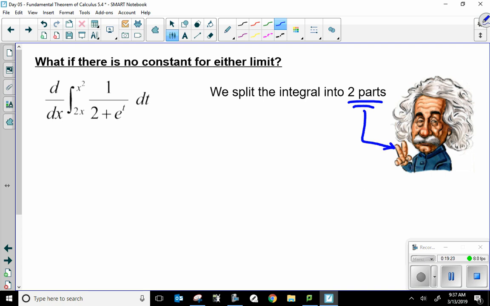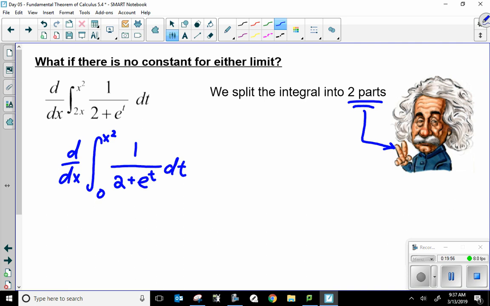Anyways, back to math. What if there are no constants? We split the integral into 2 parts. Meaning, I take my upper bound to 0 and my lower bound to 0. Let me explain. I take the derivative of my integral from x squared to 0 of my original integrand, or my original function or expression.